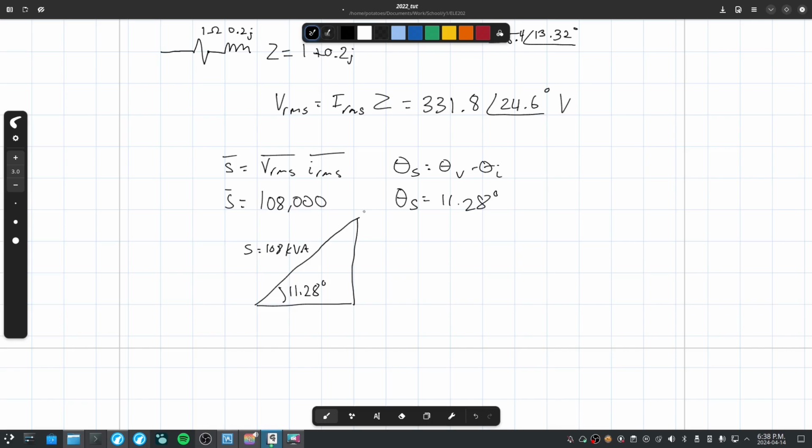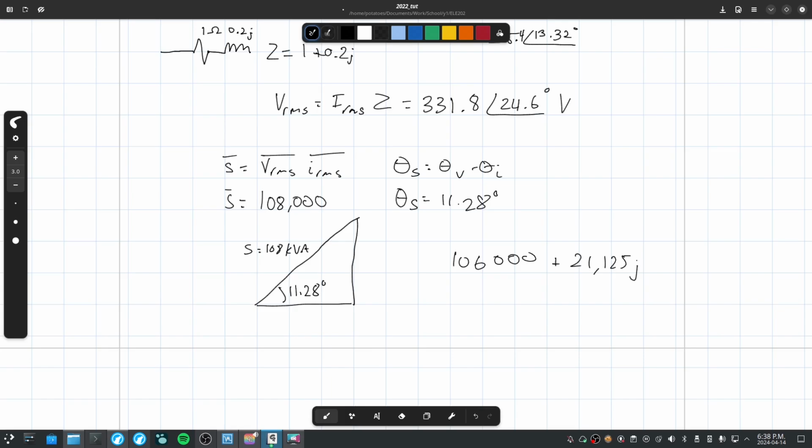And now, again, do that trick that I showed you. Do 108,000 with a phasor of 11.28 and put it into rect form. And it will give you 106,000 plus 21,125 J.